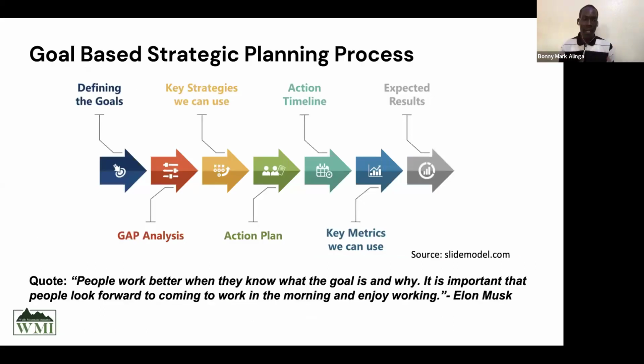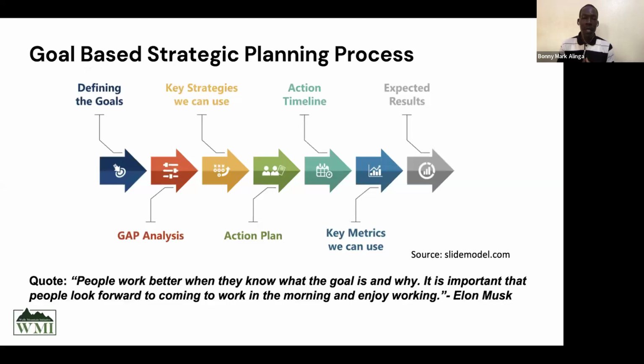Having covered the SMART goal aspects and how we deal with them, Elon Musk stated in his comment, he said, people work better when they know what the goal is and why.